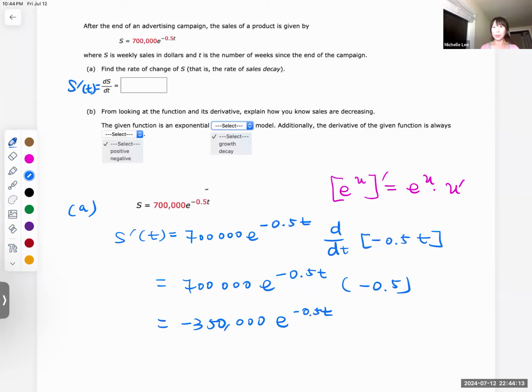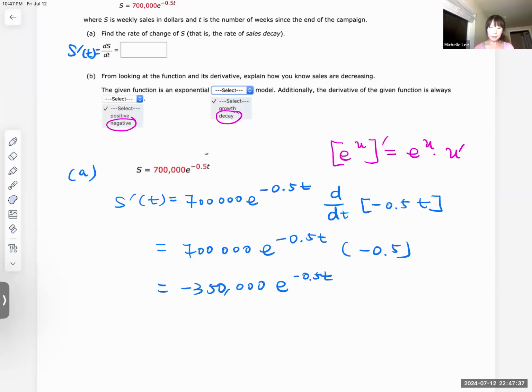Negative, right? So it's decay. And additionally, the derivative of the given function is always negative. There you go, right? So this is a decay, and this is negative, right?